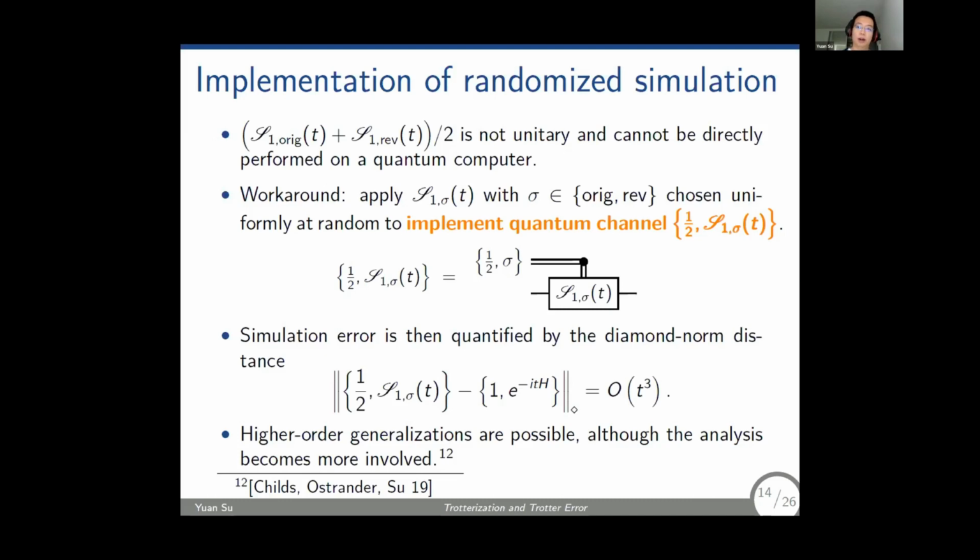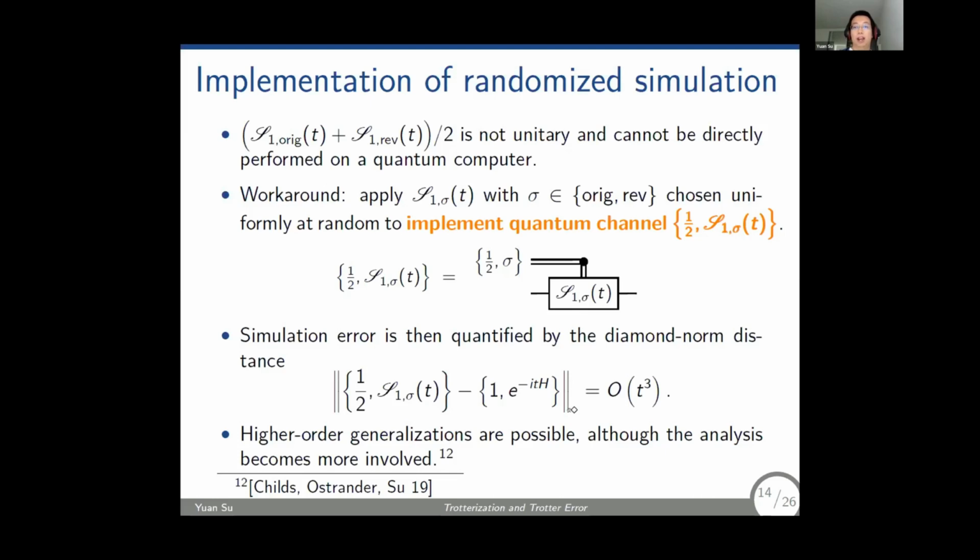Okay, so what about the performance of this randomized protocol? For the deterministic protocol, we can use the spectral norm as an error metric. For the quantum channel, one sensible error metric is something called the diamond norm.